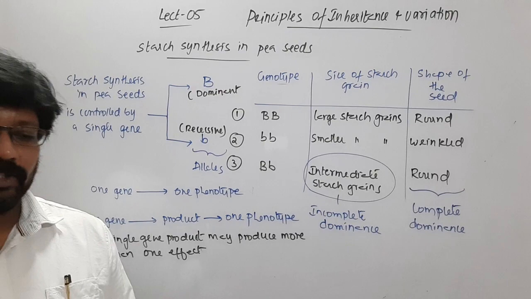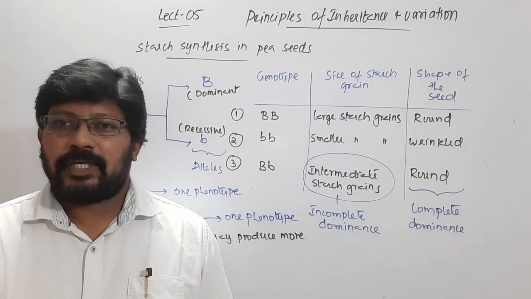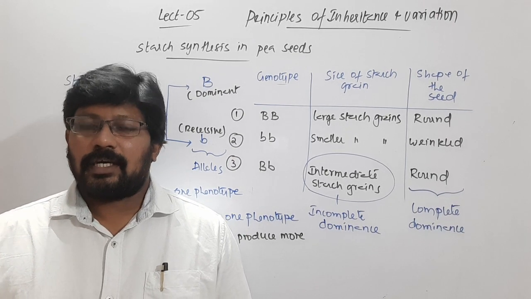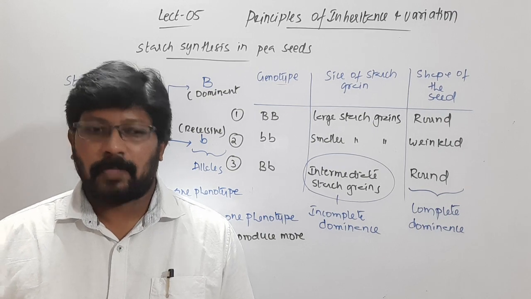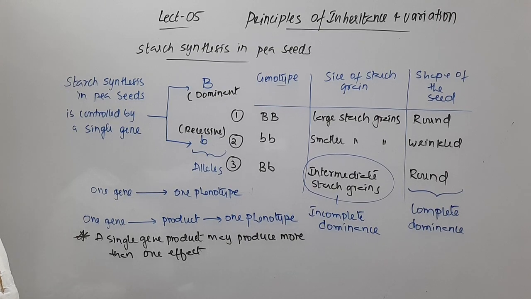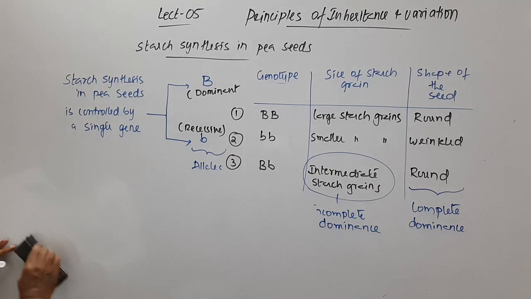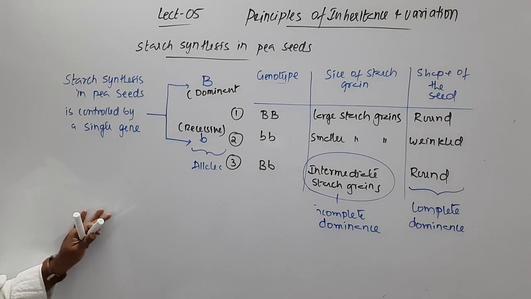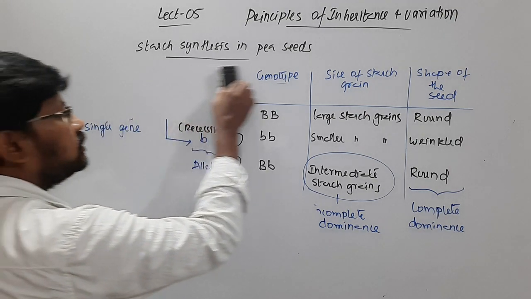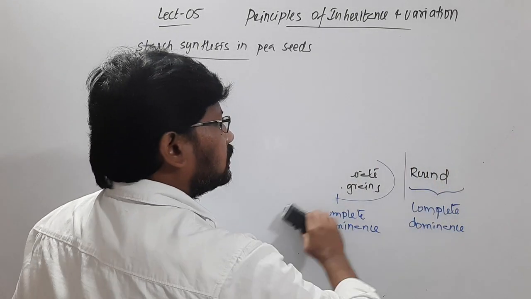Of course, in the last session we tried to understand how a particular gene or allele becomes dominant and the other one becomes recessive. Now, after studying this, we understand that dominance is not an autonomous feature of a gene. It means dominance does not depend on the gene alone.